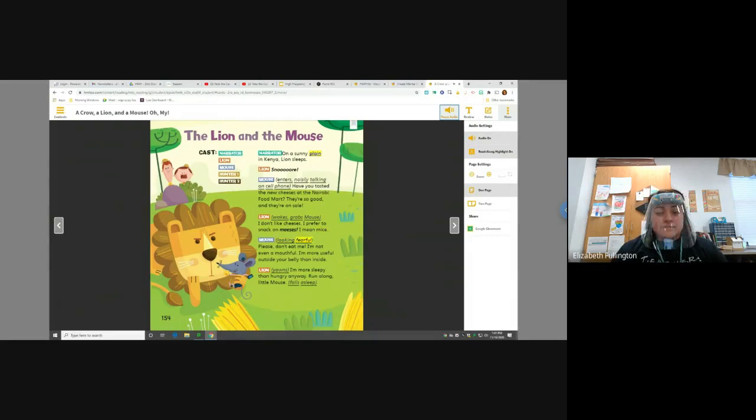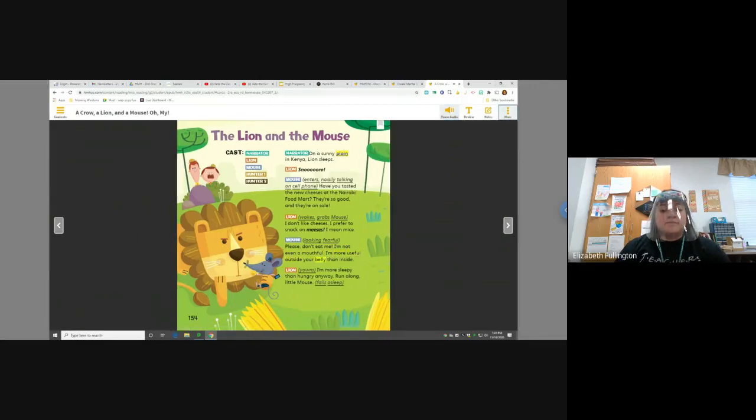Mouse, looking fearful. Please, don't eat me. I'm not even a mouthful. I'm more useful outside your belly than inside. Lion. Yawns. I'm more sleepy than hungry anyway. Run along, little mouse. Falls asleep.